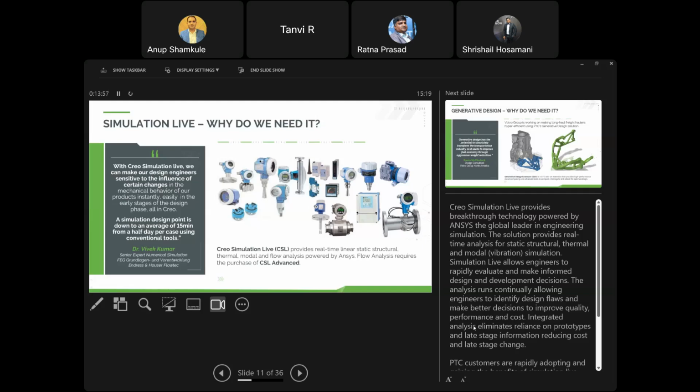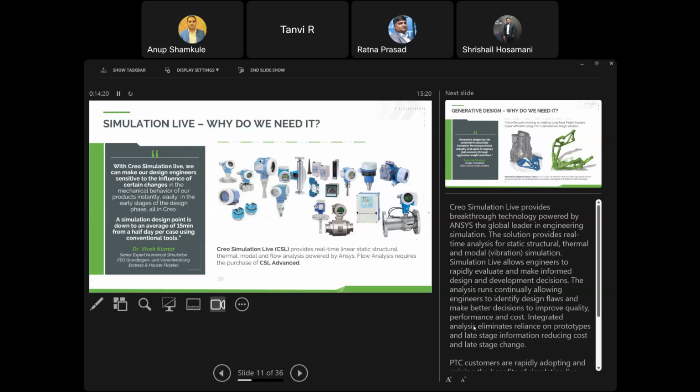Rather than that, simulation live is developed in collaboration with ANSYS and NVIDIA graphic cards, utilizing graphic processing so that the simulation time is reduced drastically to minutes, or sometimes you can expect results in seconds.